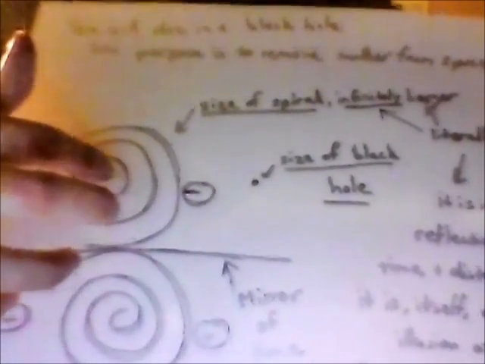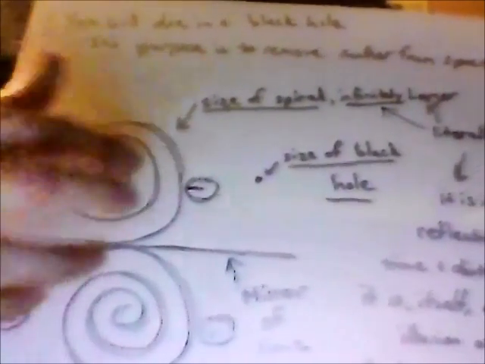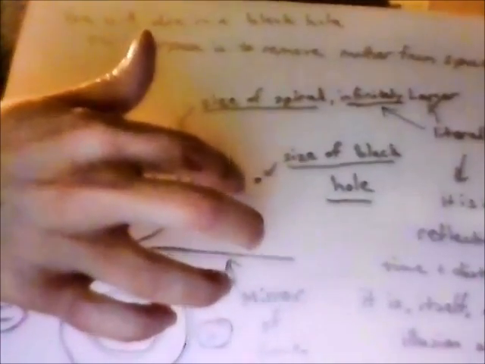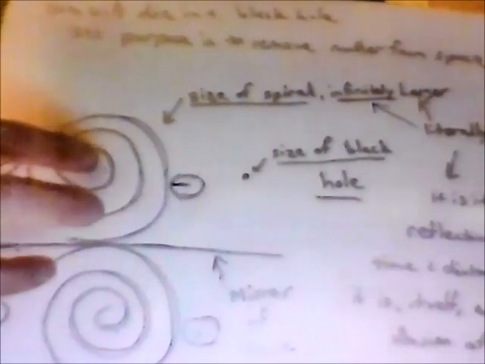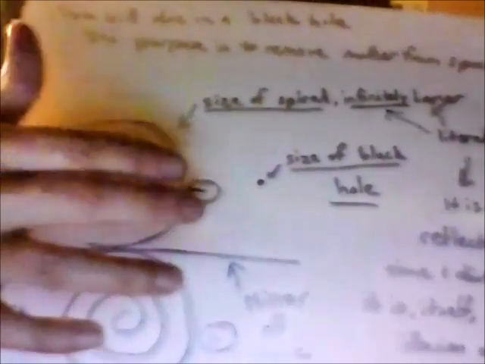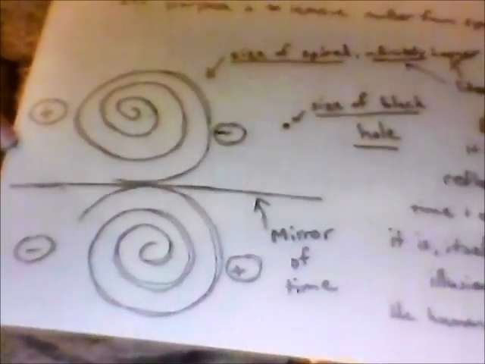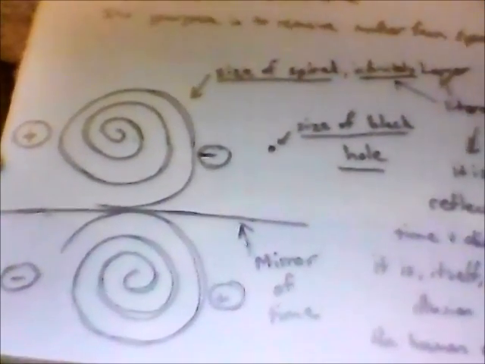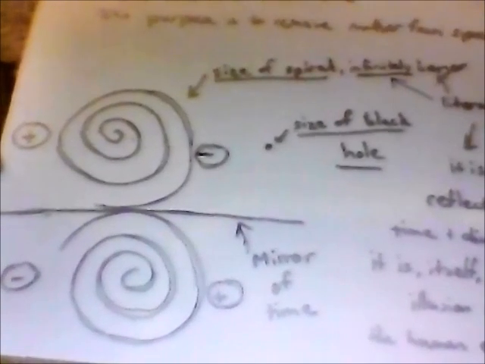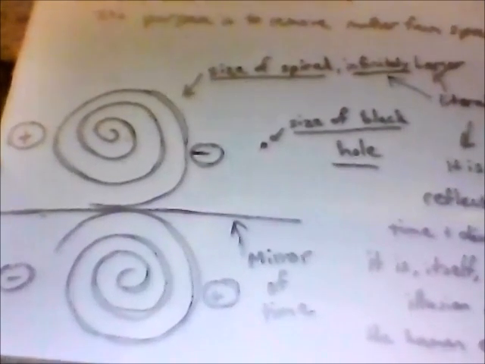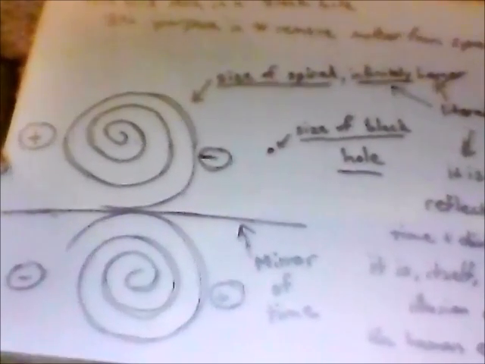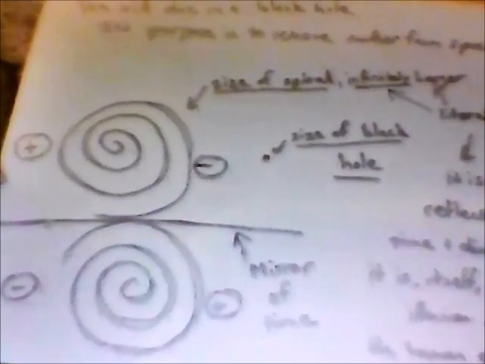That is the infinite universe in a black hole. So the size of a black hole being so tiny and the spiral being so large is itself the reflection of our skewed perception as human beings of what is creation. So itself is a metaphor for the illusion that we perceive as reality.